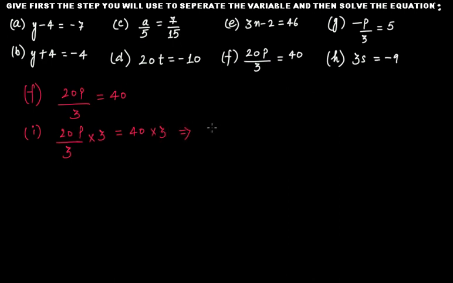This will be 20p times 3 divided by 3 equals to 40 times 3 is what? 120. And this will be 20p times 3 over 3.